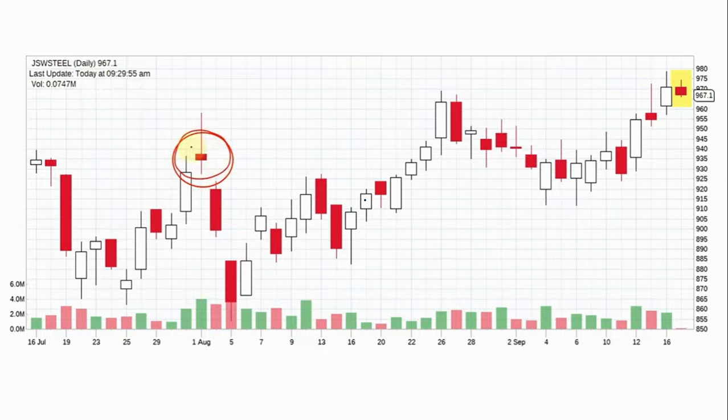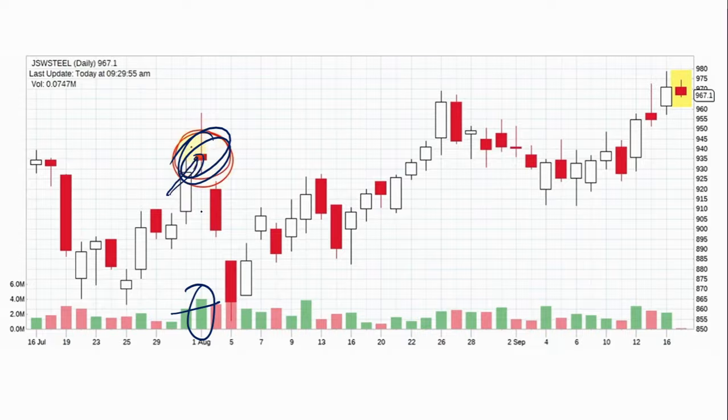For example, let me consider one more stock, JSW Steel. Now consider JSW Steel. We observe a narrow spread candle with very high volume, above average volume, isn't it? Price has increased here.